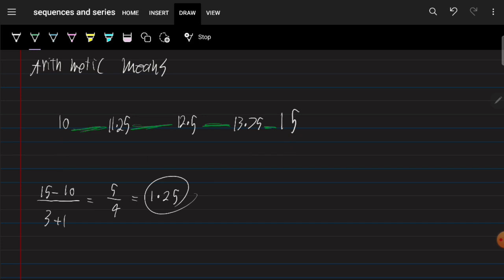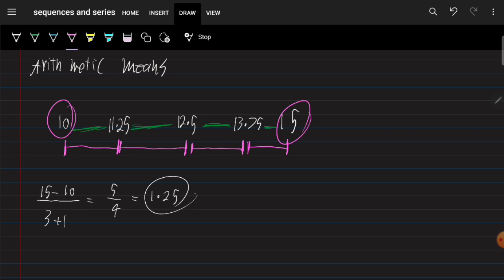So hopefully this idea makes sense. The key thing to remember with arithmetic means is that we want to essentially find numbers that equally divide an interval between 2 other numbers.